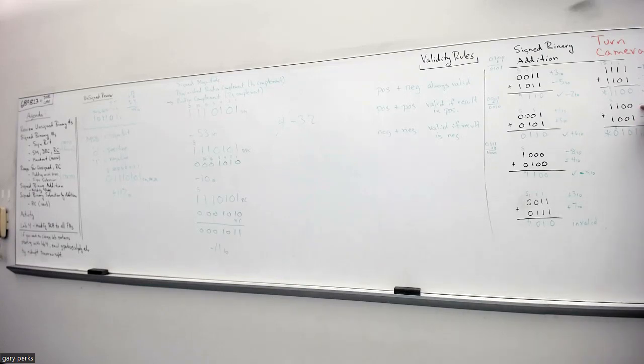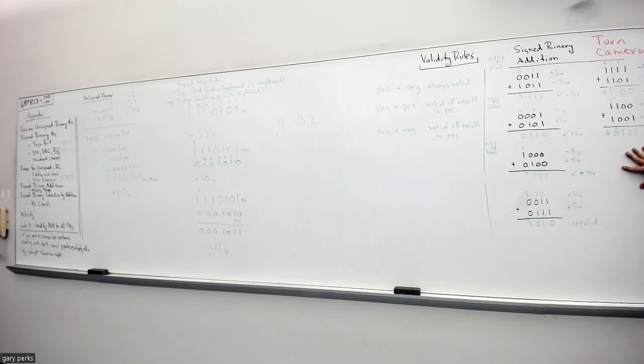So look, we're adding minus 4 and minus 7, which is minus 11. Can you represent minus 11 with 4 bits in 2's complement? What's the most negative number you can represent with 4 bits in 2's complement? Negative 8. So again, invalid because it's outside the range. That's another way to look at it.